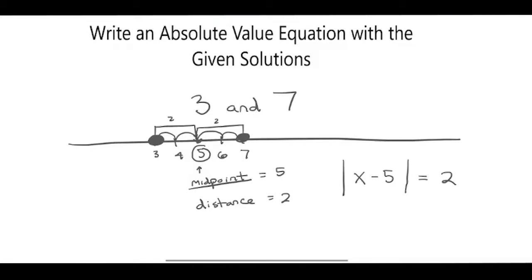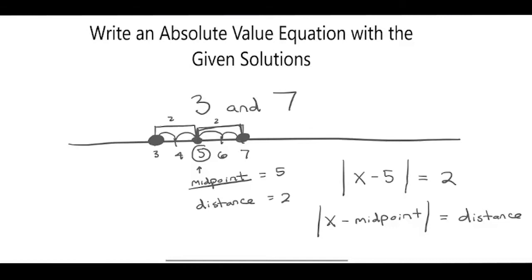All right. So the form of that is going to be the absolute value of x minus the midpoint is equal to the distance. Remember, it's the distance from the midpoint to one of the solutions. In this case, it would have been 2.